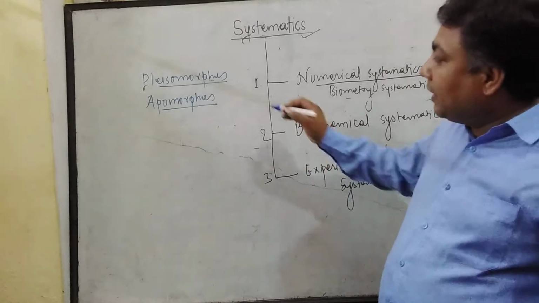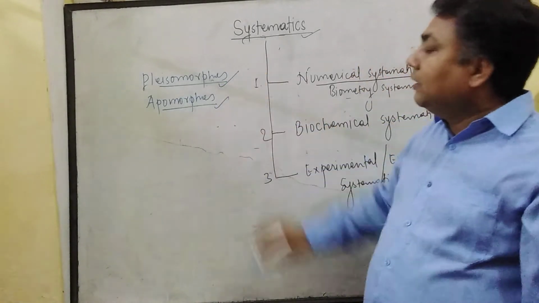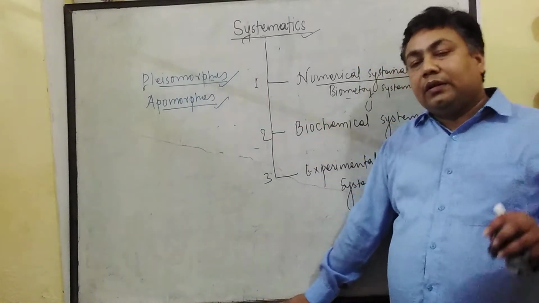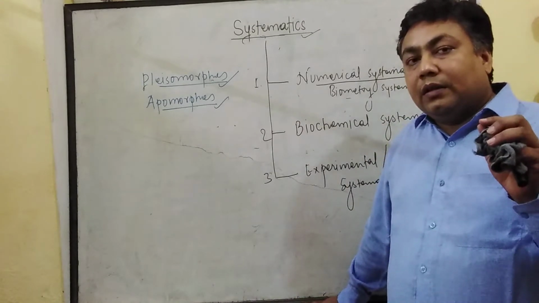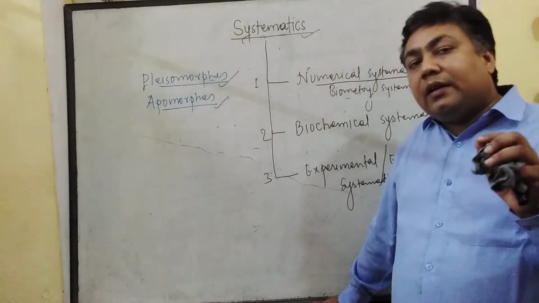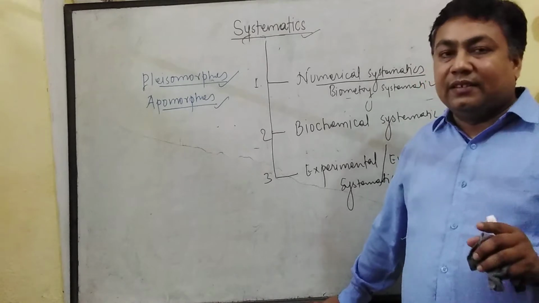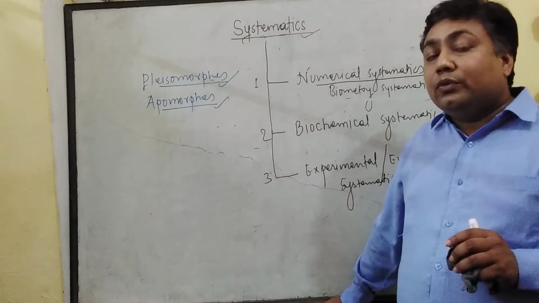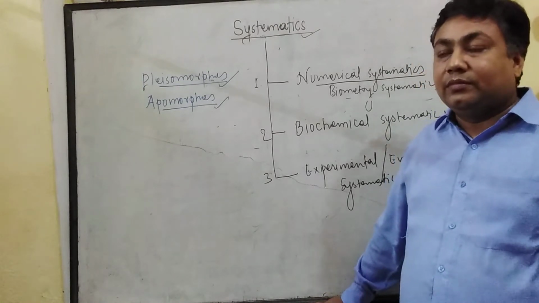But what happens sometimes is that numerical taxonomy gets misled due to convergent evolution.